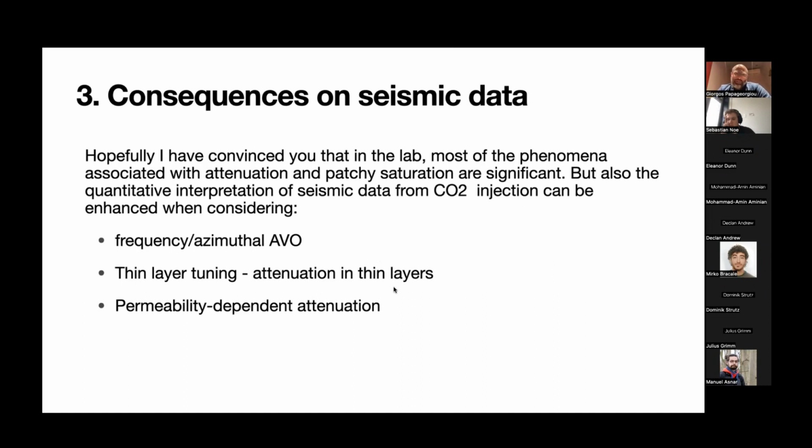People don't normally talk about attenuation in exploration seismic because they assume it to be very low, but there is the conjecture that thin layers attenuate very much, and the rest of a reservoir doesn't. If that is the case, then there is an issue that I will describe with quantifying how much fluid you have. And finally, because permeability affects the attenuation, there might be a way to use elastic measurements to derive some form of transport properties of a reservoir, which would be very cool, in my opinion.